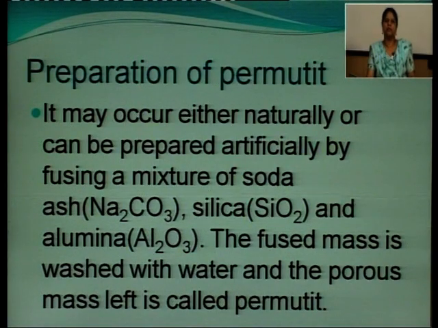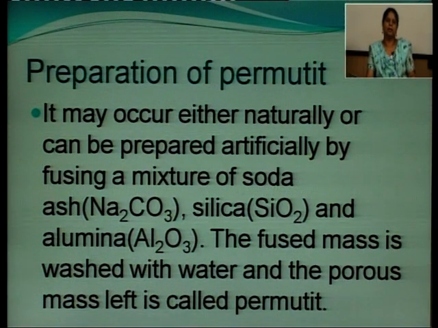When we fuse this mixture, we get a fused mass which is then washed with water, and after washing, the porous mass which is left is called permutit. This was about the preparation of permutit.